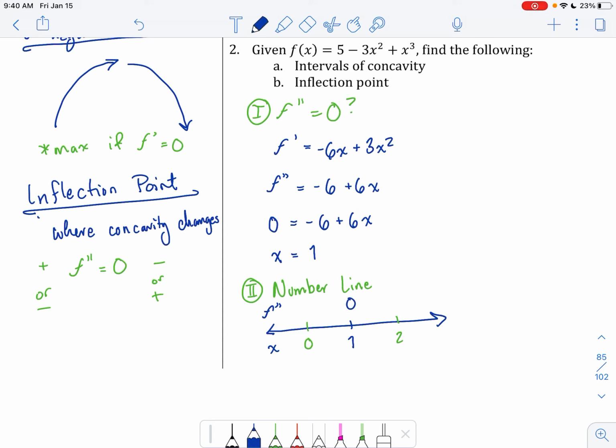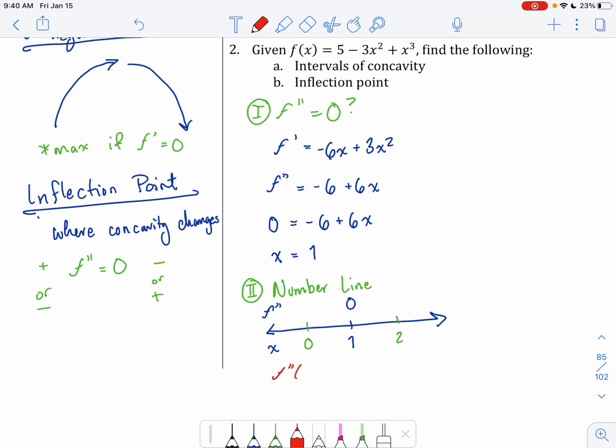We know that there is a possible inflection point at x equals 1. And I'm just going to plug in and say, okay, what's f double prime of 0? Well, that's negative 6, so this one's negative. And f double prime of 2 is equal to negative 6 plus 12, which is positive 6, so it's positive.